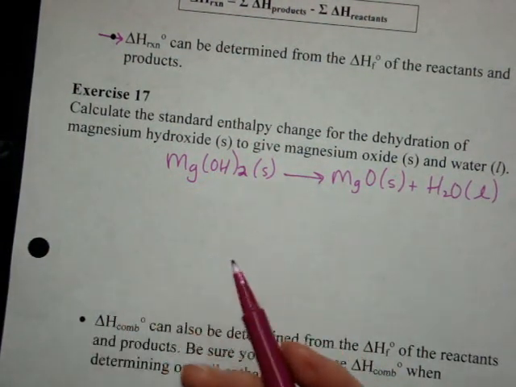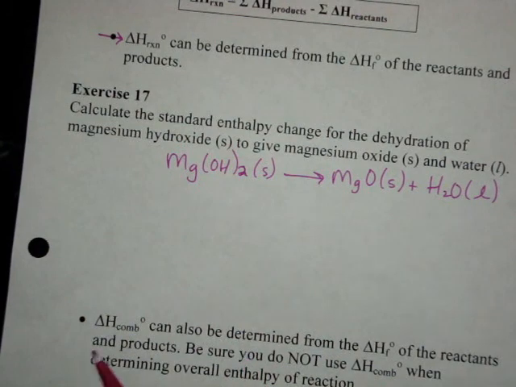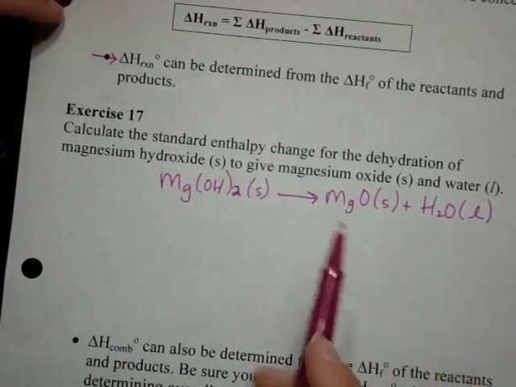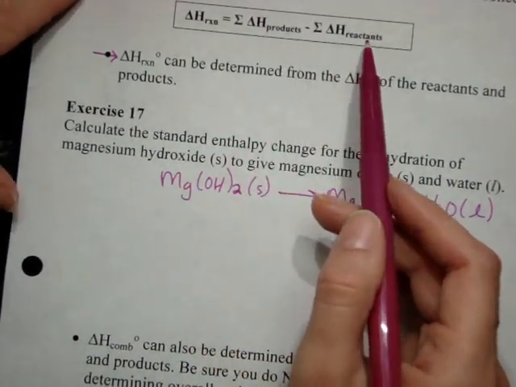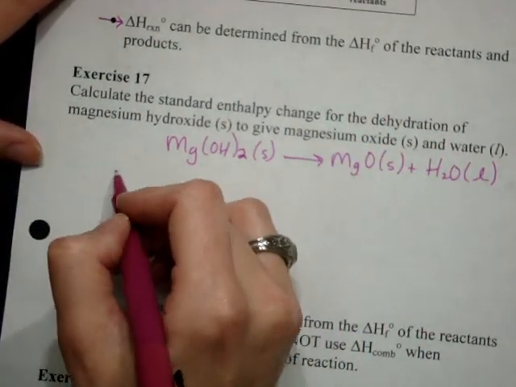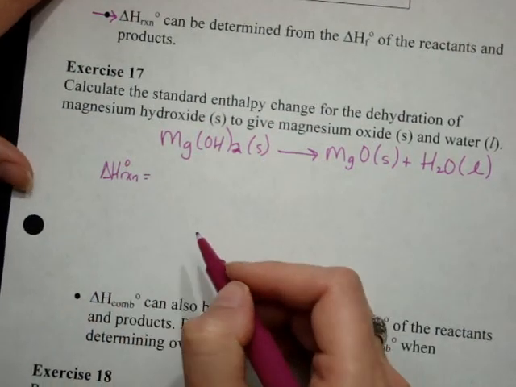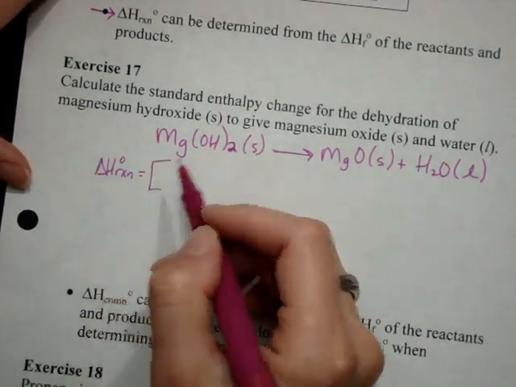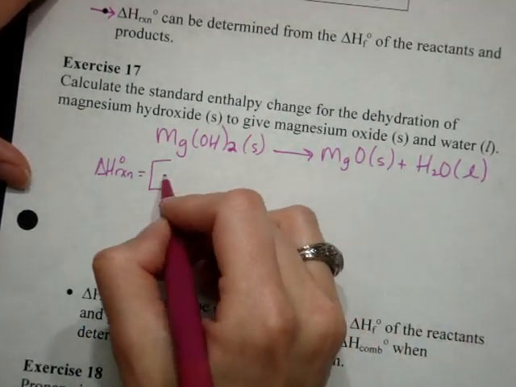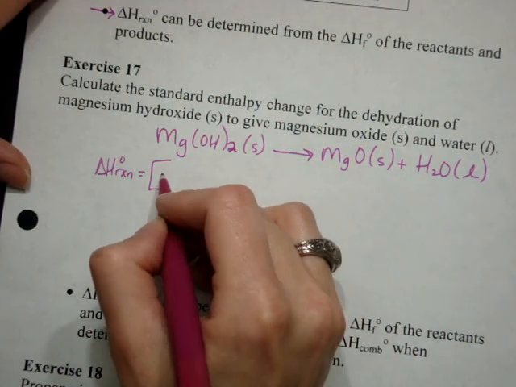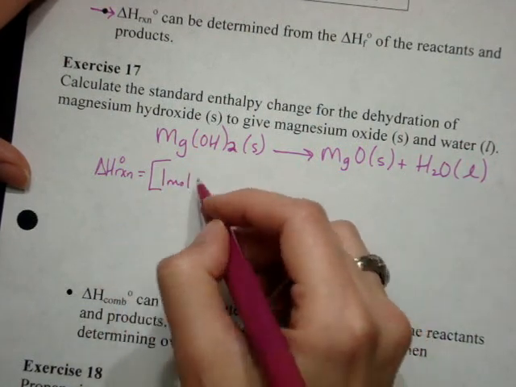Okay, and to calculate the standard enthalpy change, we're going to subtract the products minus the reactants. So it's not required to write this out each time, but I'm going to do it a couple of times just to get the point here. We would take the products, so we do need a balanced equation, so we need to multiply by the number of moles.